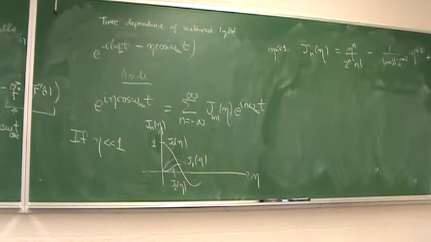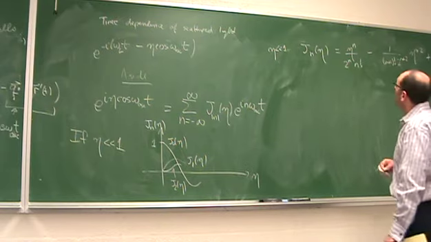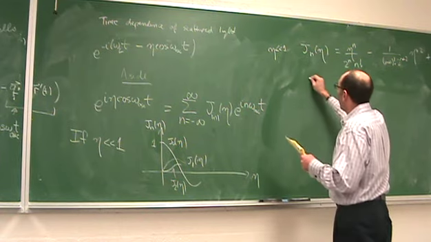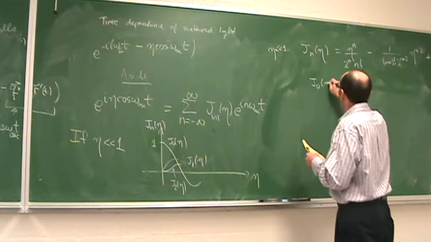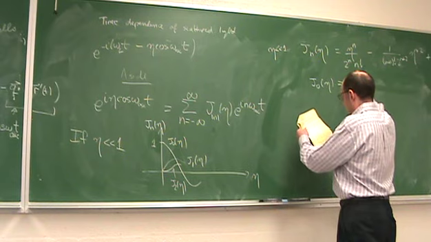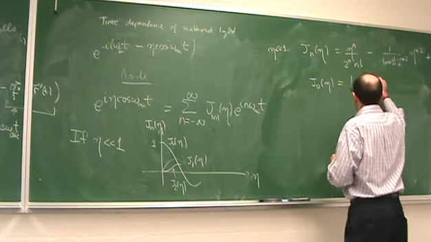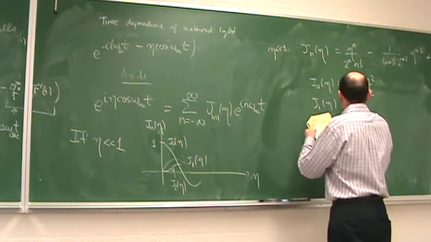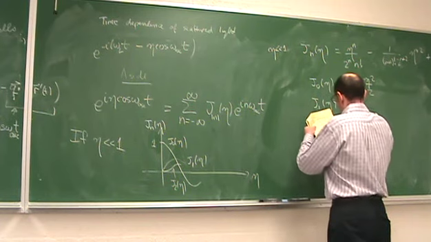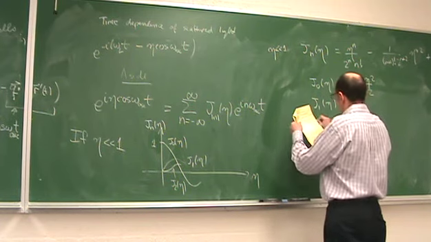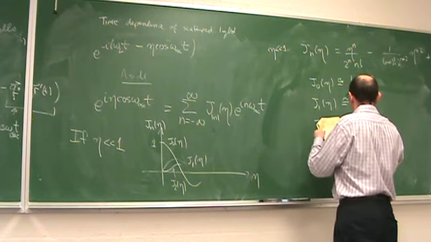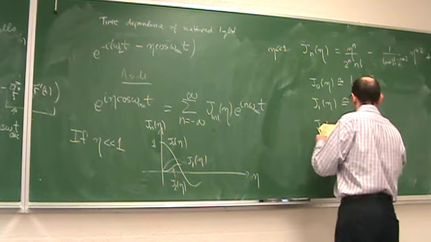Okay? So, this says that for small eta, J0 is approximately 1 minus eta squared over 2. J1 is approximately eta over 2. And J2 is approximately eta squared over 8.